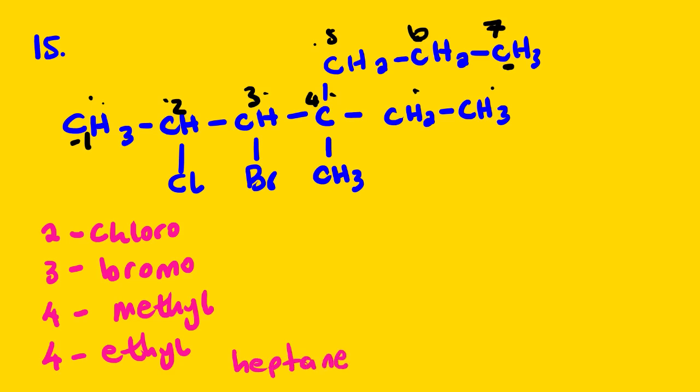So let us go ahead and do this. We'll have to start alphabetically. Alphabetically, bromo, B comes first. Secondly, we are going to use chloro. Then thirdly, we are going to use ethyl. Then fourthly, we are going to use methyl.